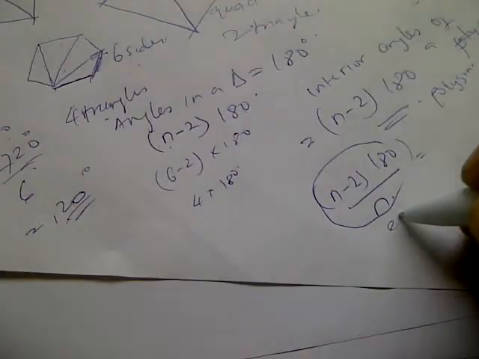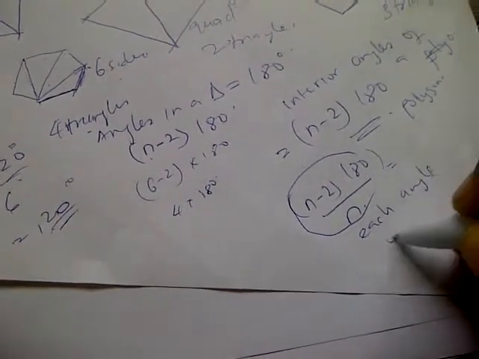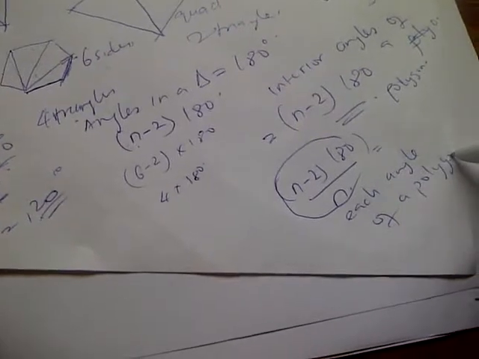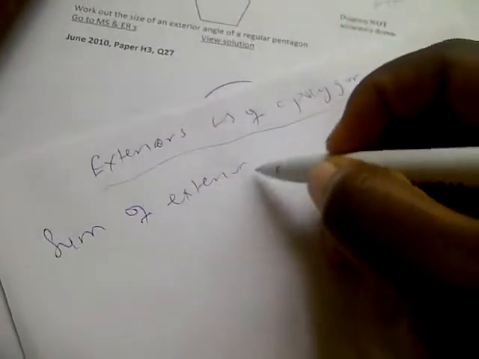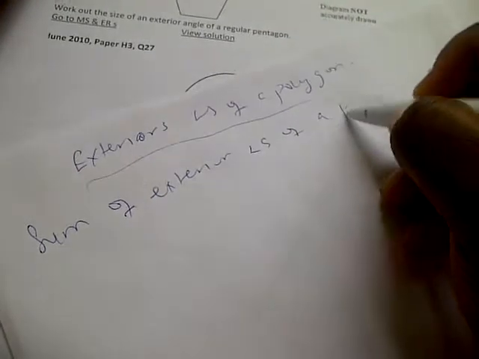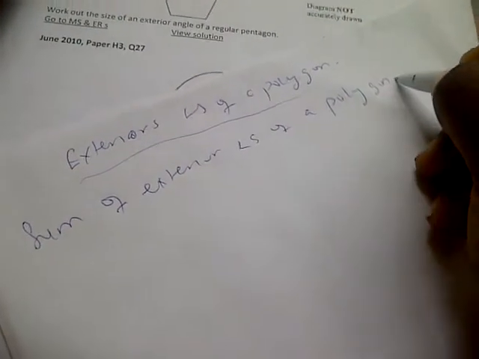This is the formula for calculating each angle of a polygon. Now if you're asked to calculate the exterior angle of a polygon, just bear in mind that the total sum of exterior angles of a polygon is equal to 360 degrees.